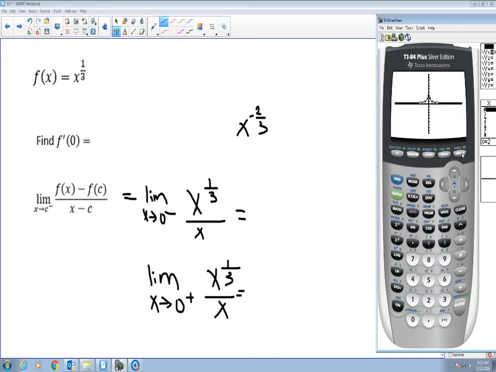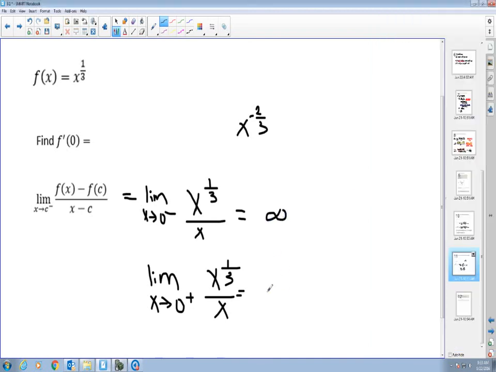I'm going to shrink this a little bit so we can see better. I'm going to do from negative 5 to 5 for my x. Coming from the left, approaching 0, I'm going up, up, up, because I do have a vertical asymptote at 0. Coming from the right, I'm doing the same thing. So both limits will actually be infinity.